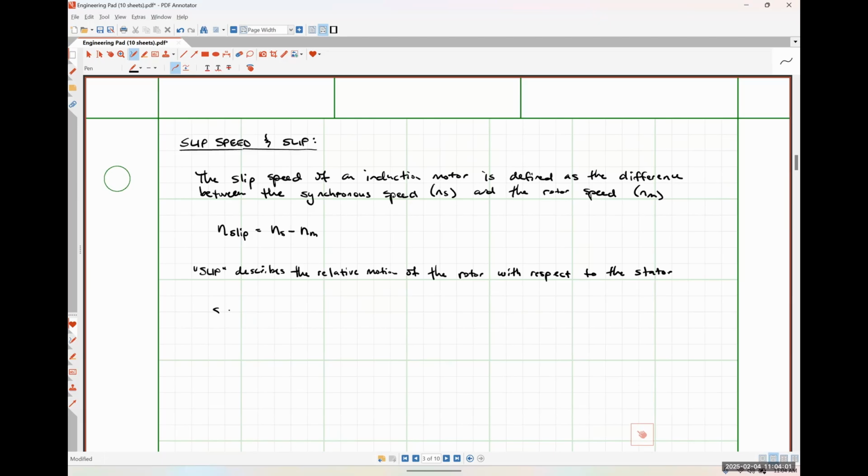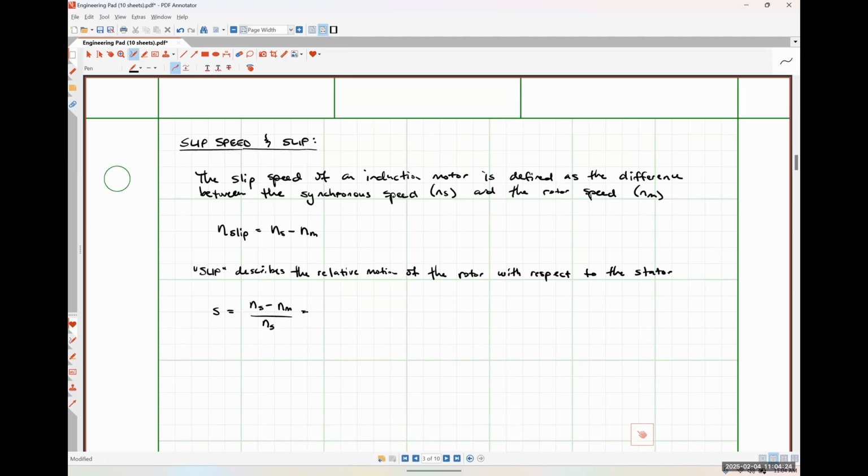So our slip s is going to be ns minus nm over ns. So that's just the slip speed over the synchronous speed.